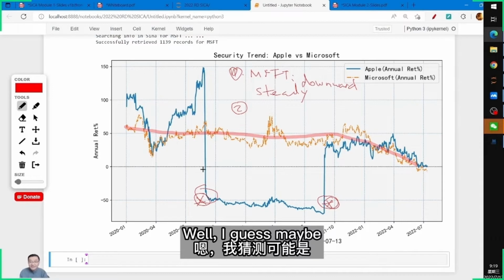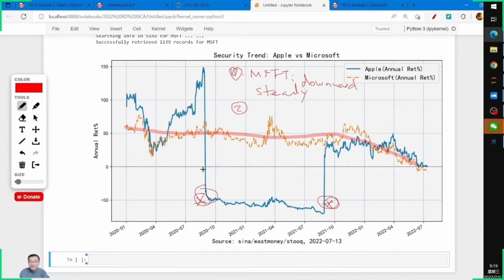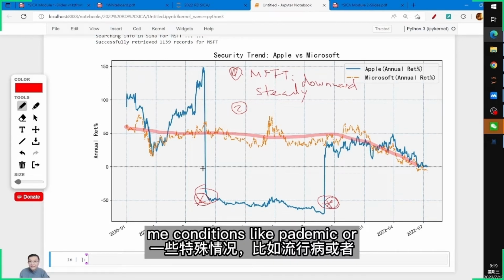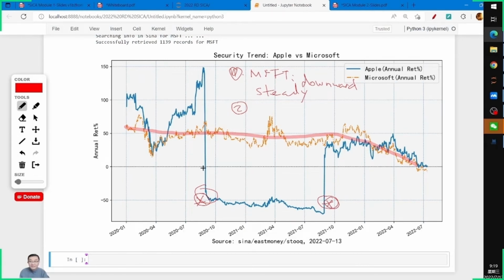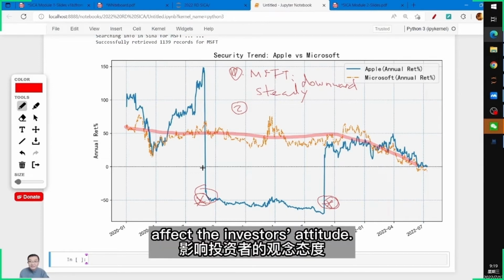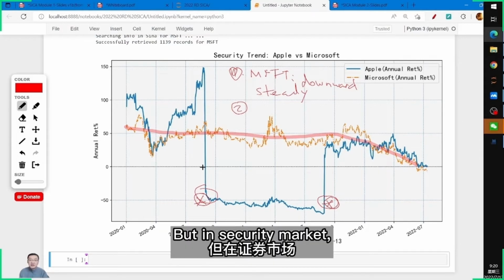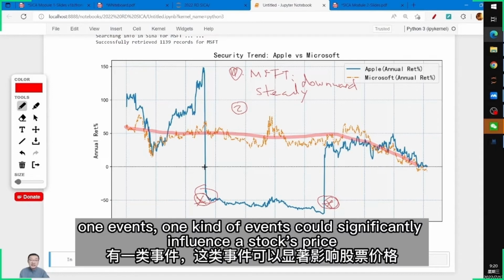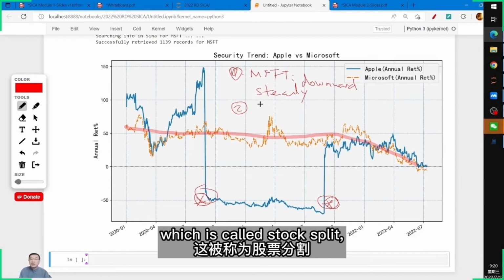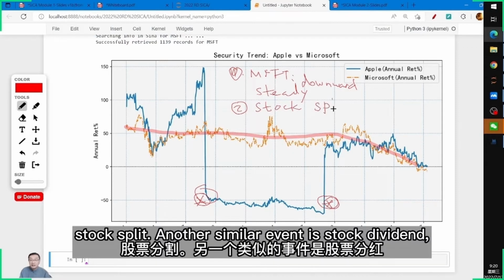Well, I guess maybe there are some conditions like the pandemic or other factors that may affect the investors' attitude. Yeah, but in the security market, one kind of event that could significantly influence a stock's price is called a stock split.